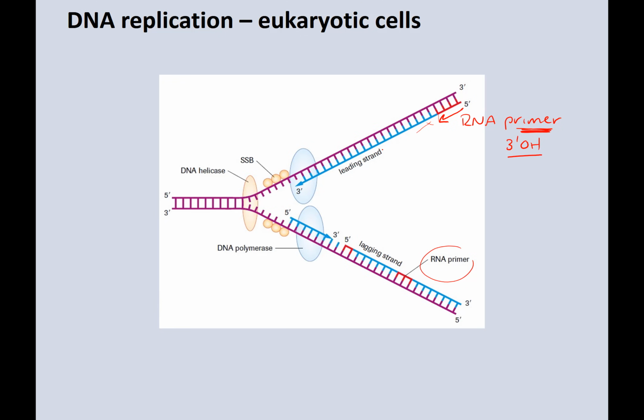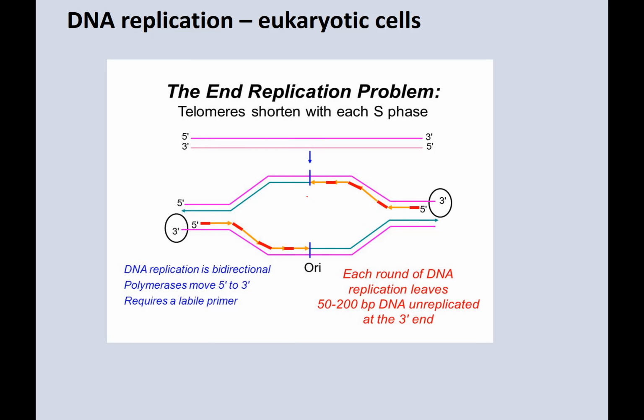DNA polymerase comes on and replicates, and then eventually the primers are destroyed. Okay. The problem with primers is the end replication problem. Where there was a primer, when that RNA is removed, you've got an end of DNA that you cannot copy.